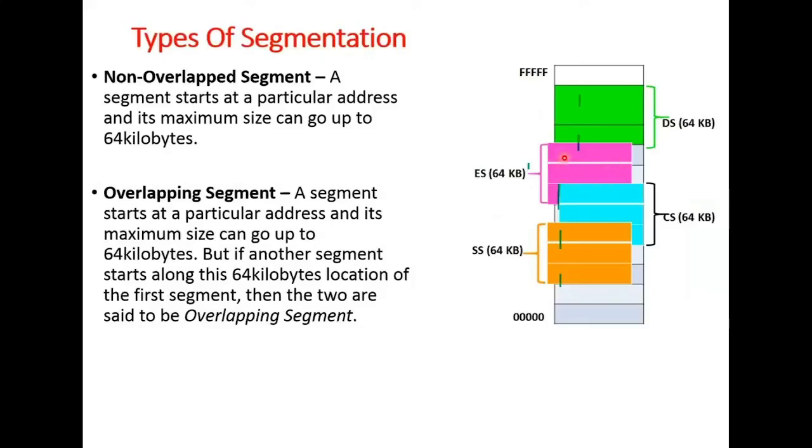Then this pink part overlaps with the sky blue, and the sky blue overlaps with this orange. So SS overlaps with CS, CS overlaps with ES, ES overlaps with DS. This kind of segmentation is called overlapping segmentation.